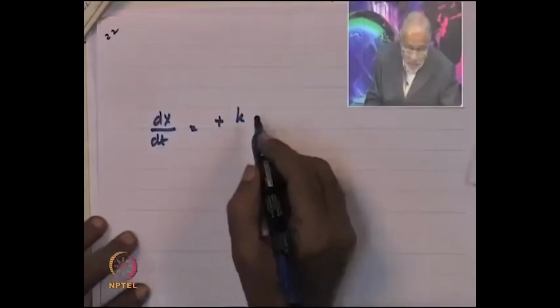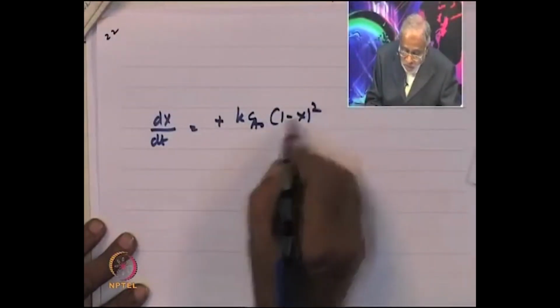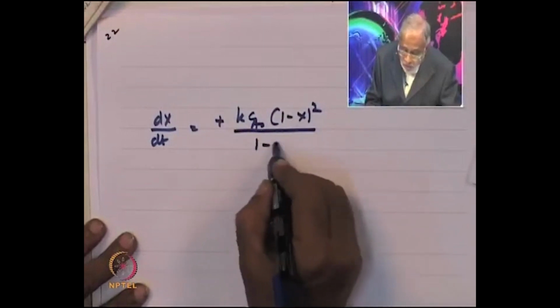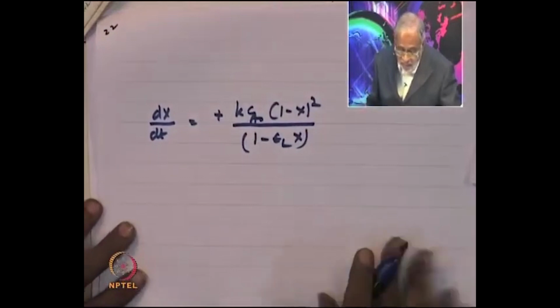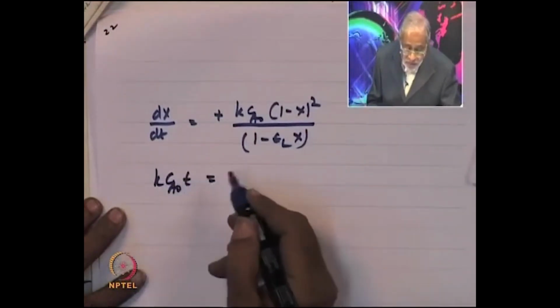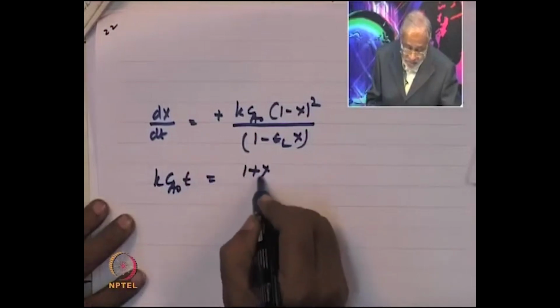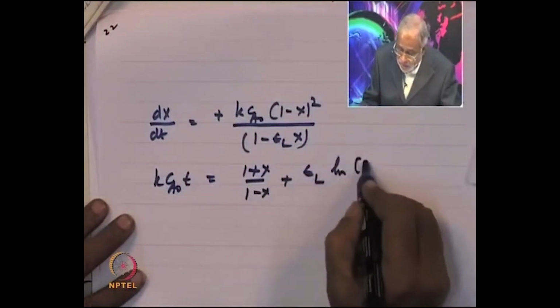So, dx dt becomes k C A 0 1 minus x whole squared divided by 1 minus epsilon L x. So, you can solve this, and then the solution is fairly simple: k C A 0 t equal to 1 plus x divided by 1 minus x plus epsilon L ln of 1 minus x.